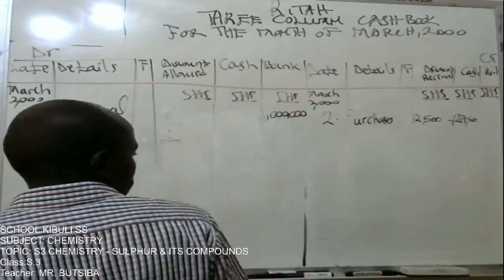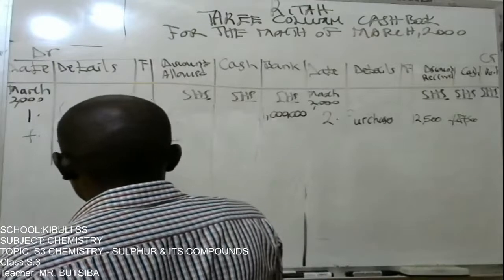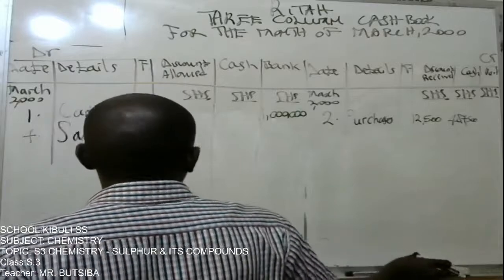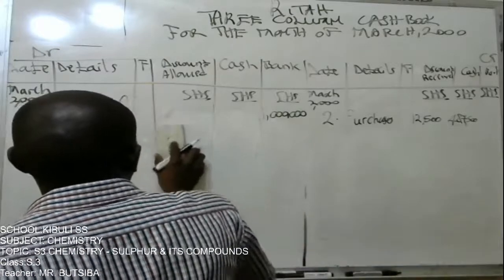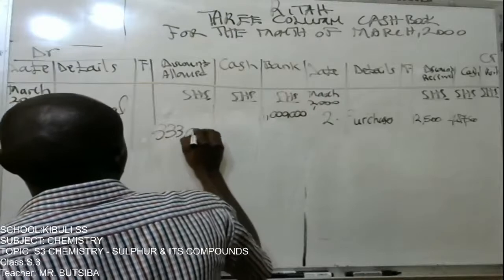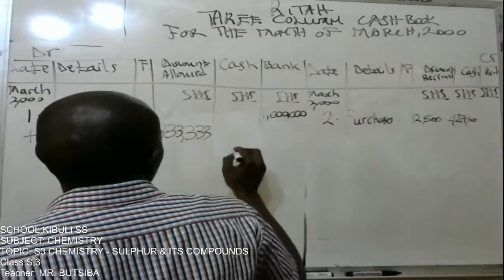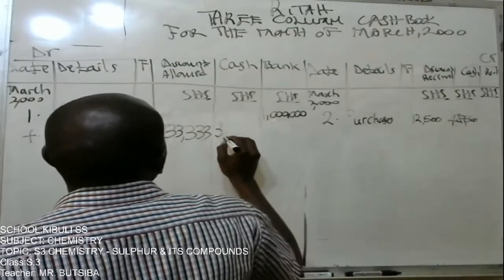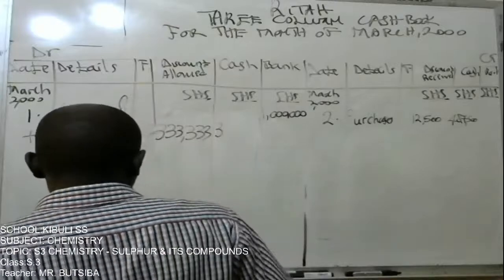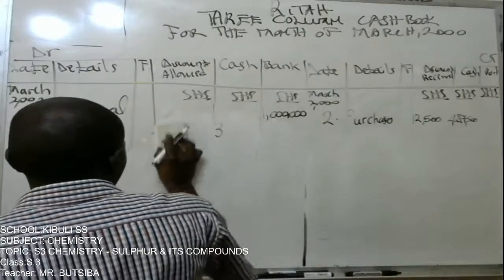So you have your 33,333 as the discount. And then you have your 333,333.